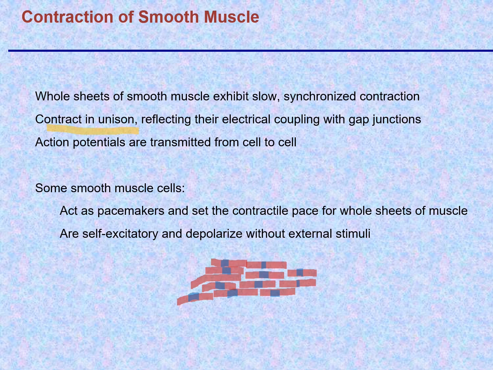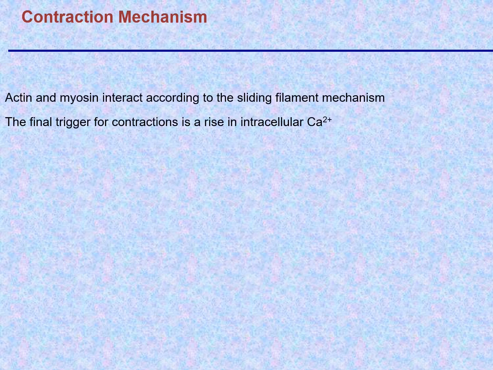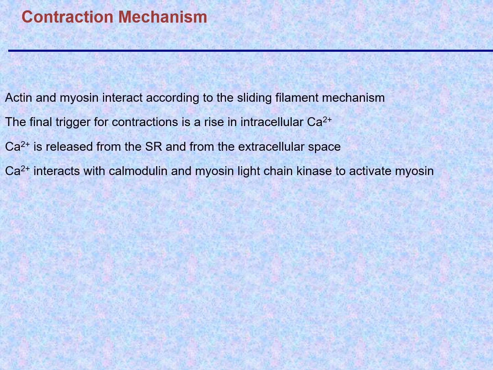So if you swallow a bolus of food, a lump of food, essentially, you should know what bolus means. If you swallow a bolus of food, that tends to stretch out the smooth muscle as it goes through the GI tract, and that'll trigger rhythmic contractions. The contraction mechanism, as I said earlier, is the same.